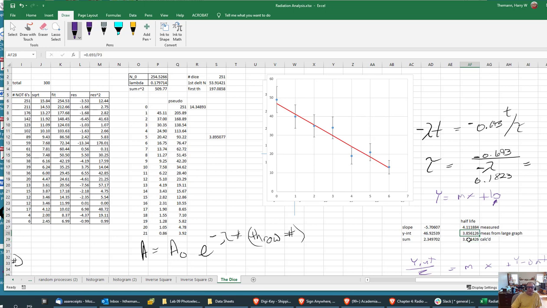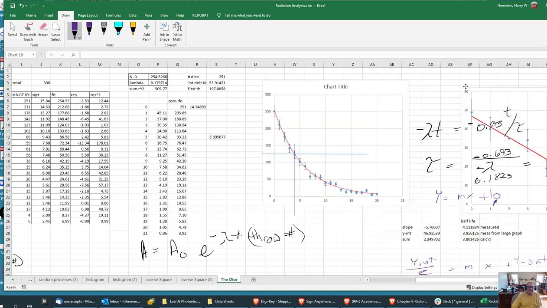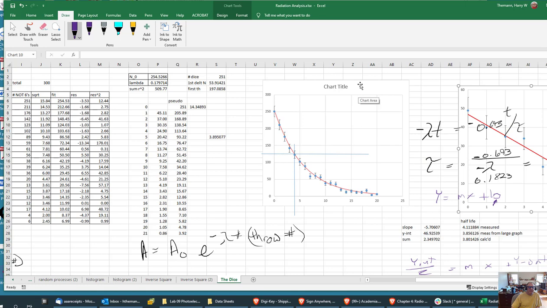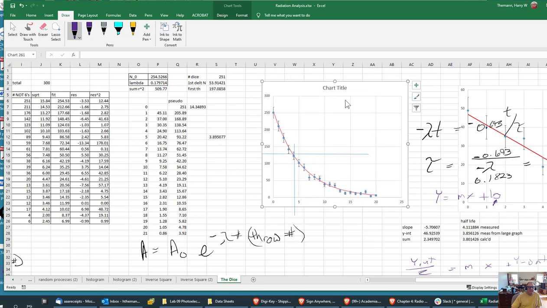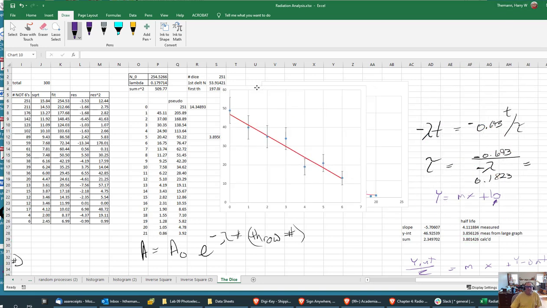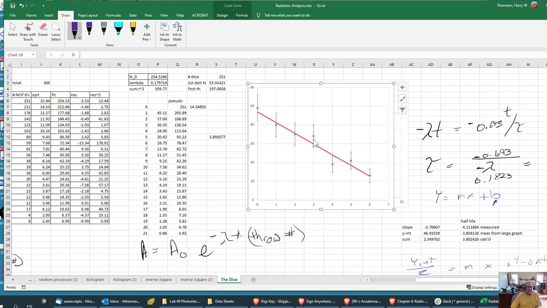Oh, look at that. So notice how getting the lambda here was much better. And I suppose I could do a similar business there with the half-life. But in your case, I wanted to just go over what you're supposed to get done. So this thing needs a little jazzing up, and you're done.